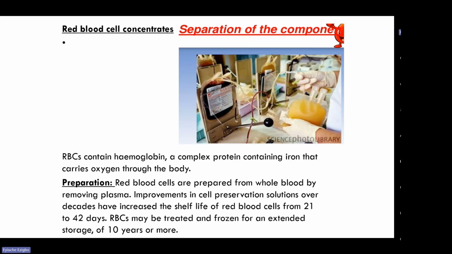You can see as it presses this knob, the plasma separates from the whole blood and is harvested into the other bag. Red blood cells contain hemoglobin, a complex protein containing iron that carries oxygen through the body.